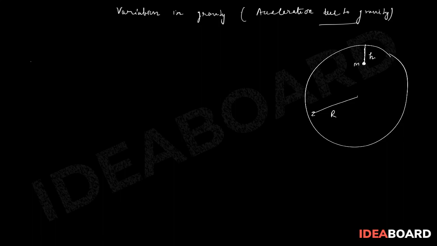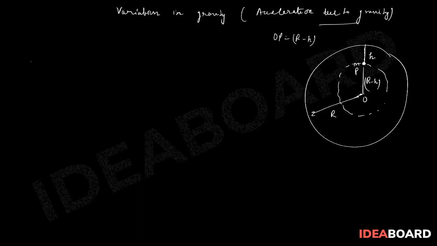So this time we wanted to see what is the effect of such depth. Now if I draw the circle or sphere, then this distance will be R minus h. This is the center O. Let's say this is point P. So the distance OP will be R minus h.